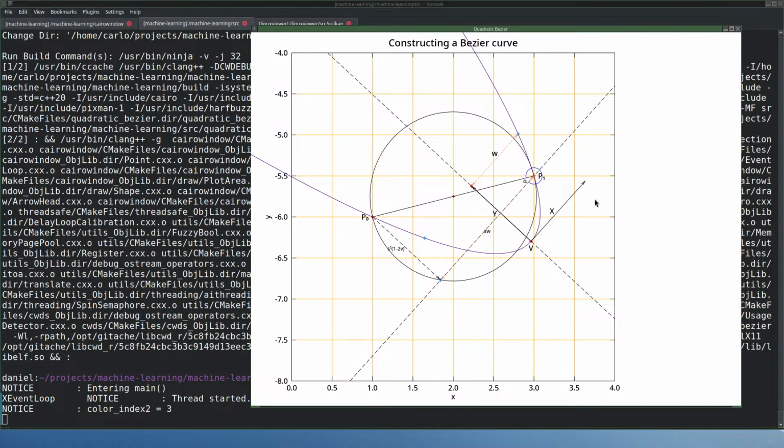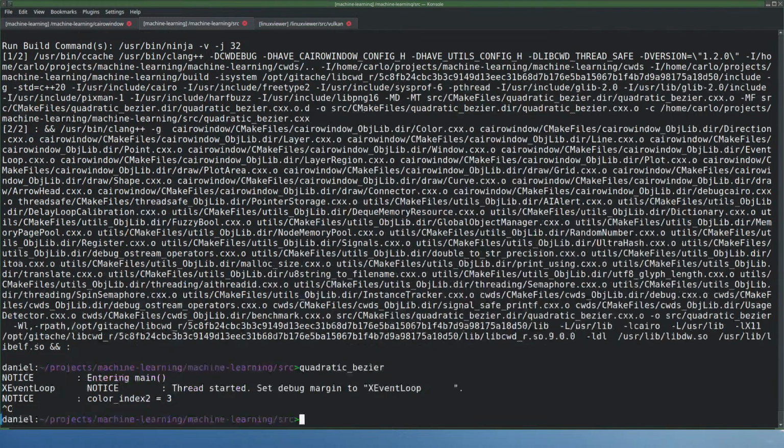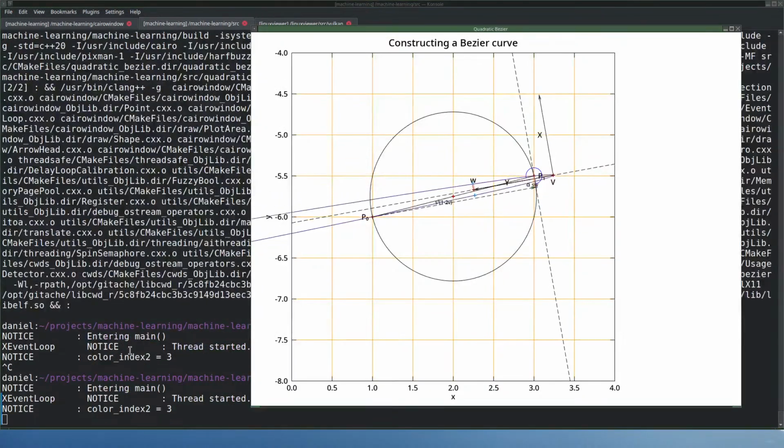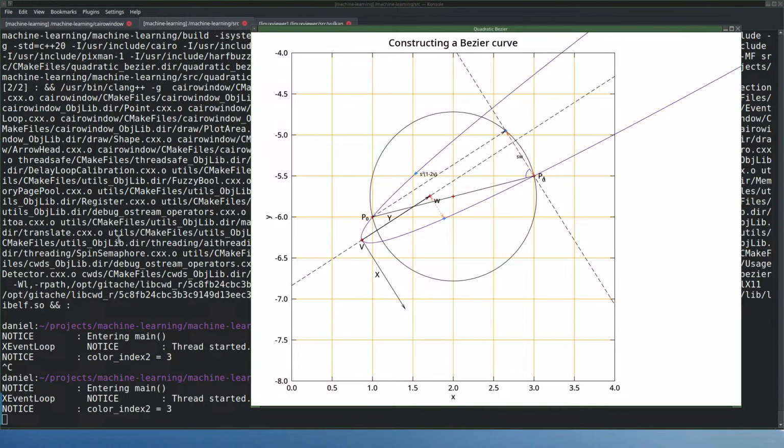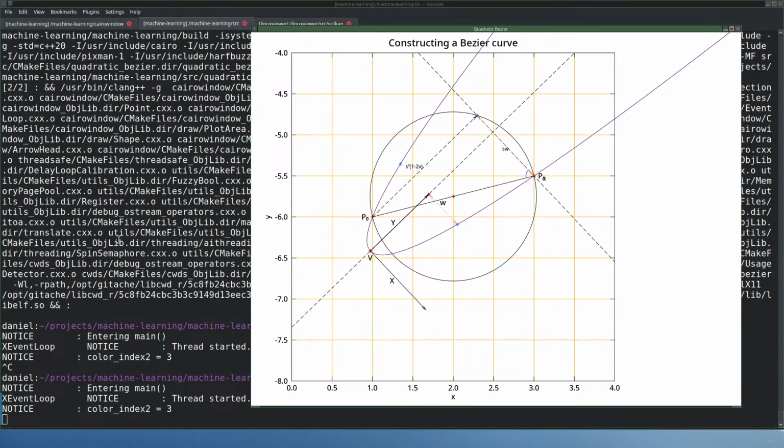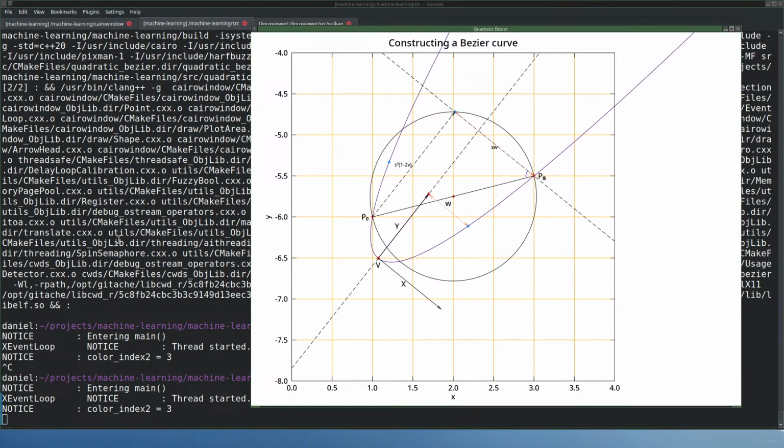Yeah, that's because this point is here. Now alpha is on the wrong side. Why the hell is that?